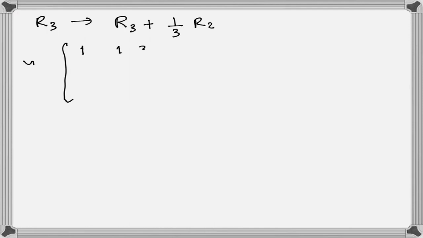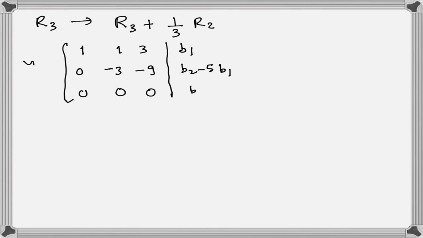So 1 1 3 b1, there is no change in the second row, 0 minus 3 minus 9, and b2 minus 5b1. And here if I multiply row 2 by 1/3 and add it to the third one, we get 0, and 3 minus 3 is 0. Okay, and we have b3 plus 2b1 plus 1/3 (b2 minus 5b1).